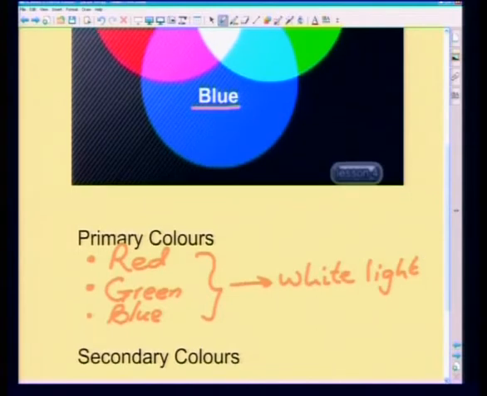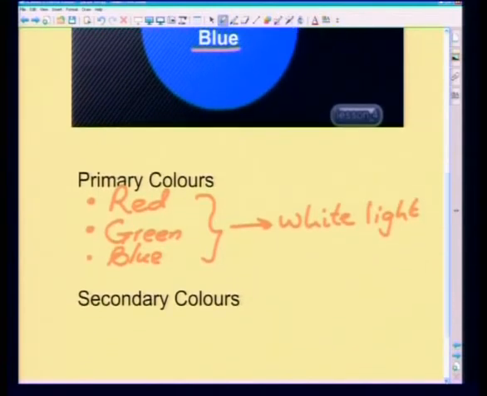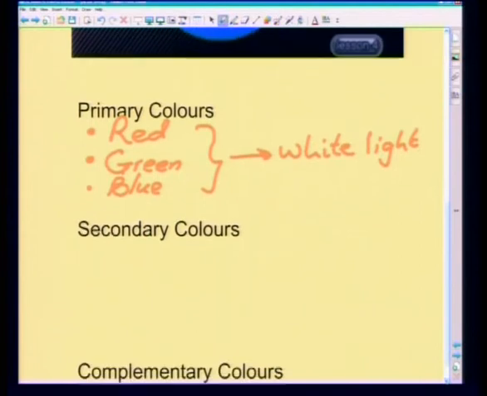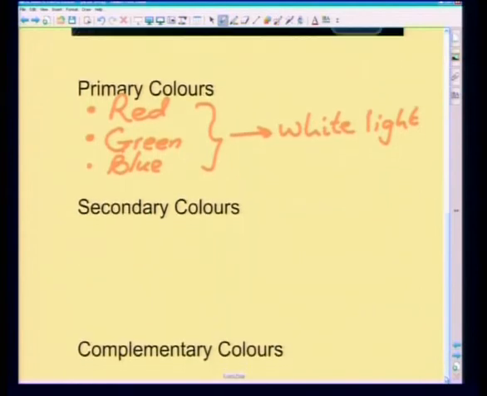Now, apart from the primary colors, we can have what we call secondary colors. Secondary colors, one, we have what we call magenta. We'll explain more about it. We have yellow, and then we have cyan.